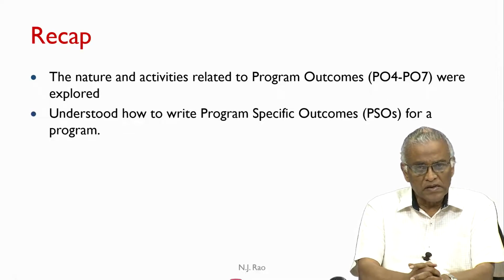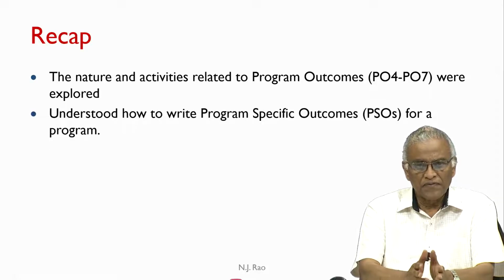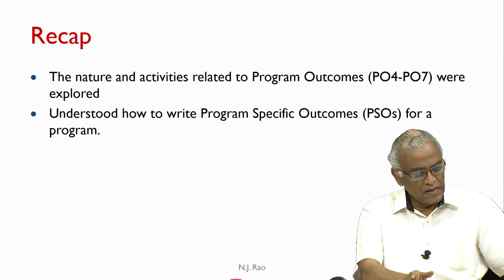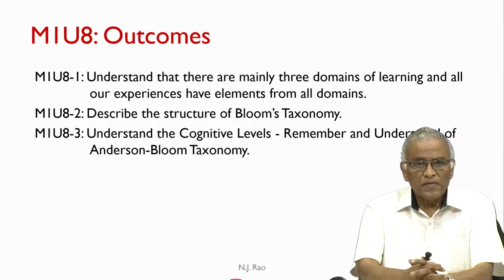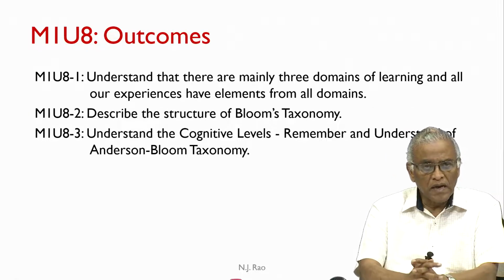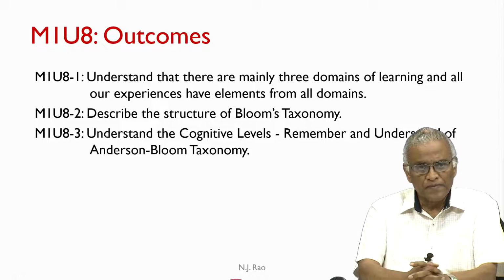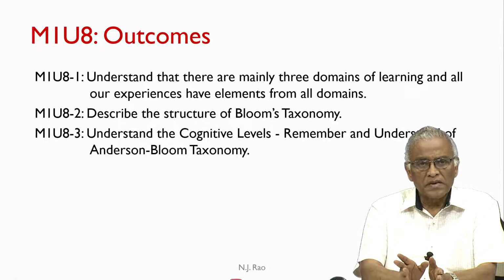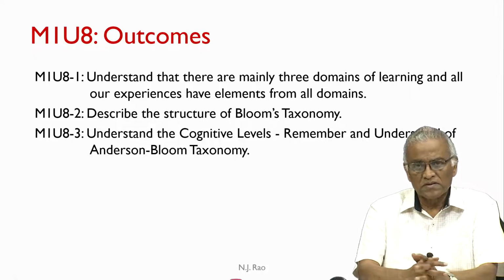That now requires a little more detail. We need to have a kind of a framework or a terminology using which we should be able to write outcomes at the course level. And to that extent, this unit aims at understanding that there are mainly three domains of learning and all our experiences have elements from all domains.